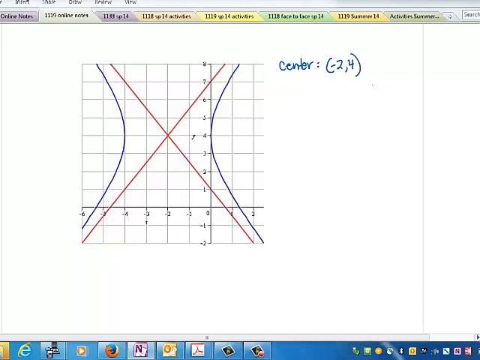And then let's see what's next. We could notice that the vertices are at (0, 4) and (-4, 4).